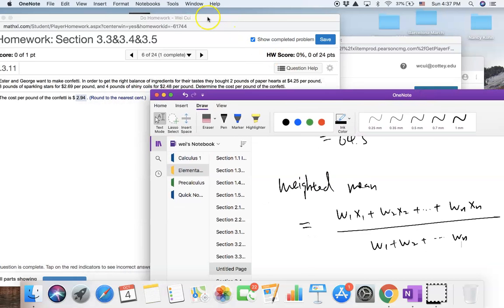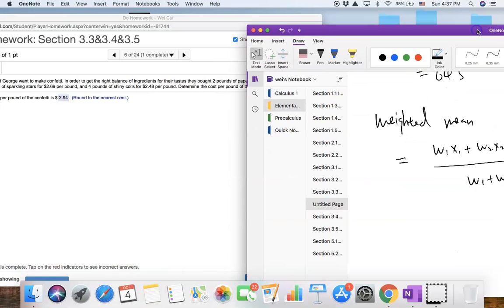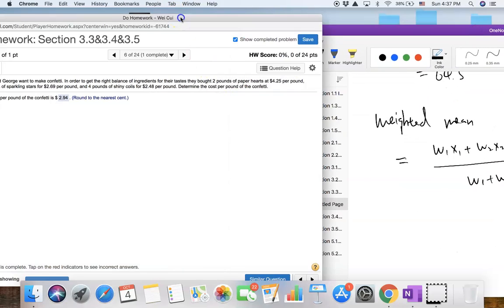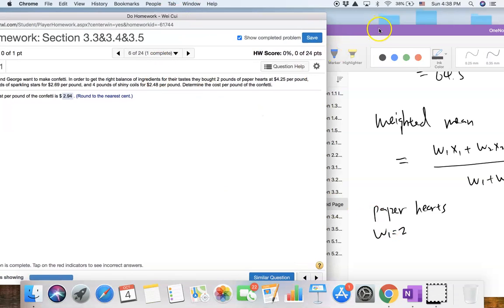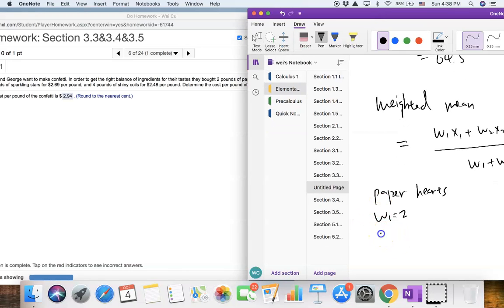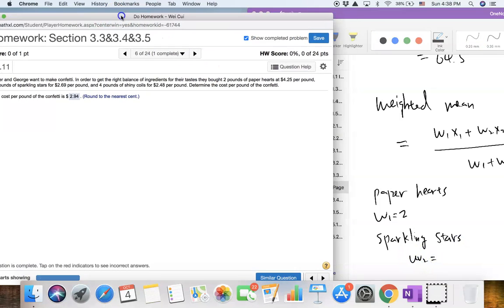So for the paper hearts, the weight is 2. And for the sparkling stars, the weight is 3.